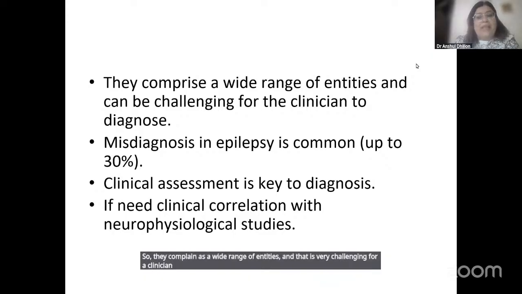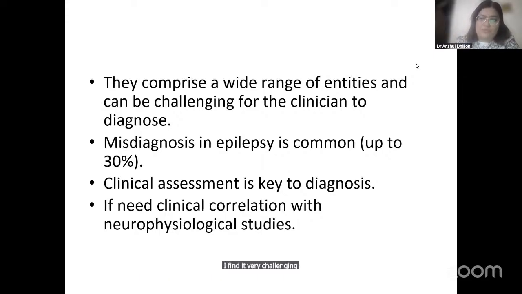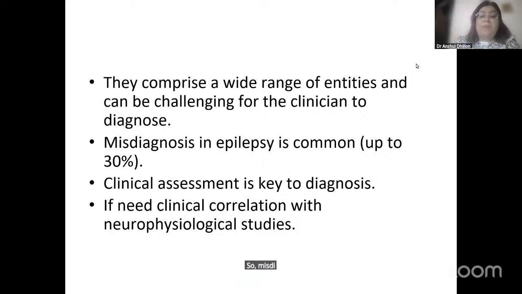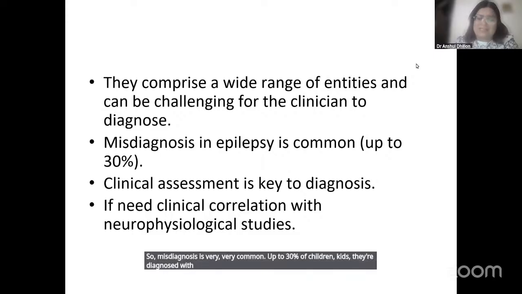They comprise a wide range of entities, which is very challenging for a clinician. Even at this age, we sometimes find it very challenging, and there is a gray zone where we take help of other investigations, which I'm going to discuss later on. But seeing cases, discussing with your elders and taking a very good history is the key. Misdiagnosis is very common: up to 30% of children are diagnosed with epilepsy when they are not suffering from it.